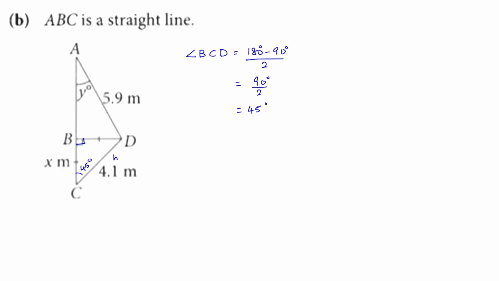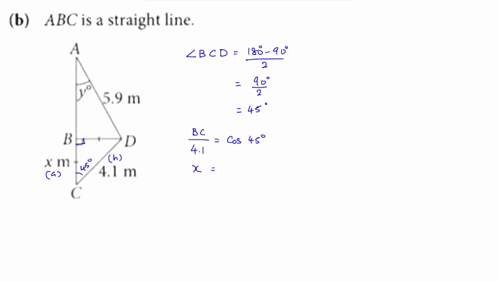This is the hypotenuse, and my x is adjacent. So using cosine again, BC over 4.1 equals cosine 45 degrees. Then BC equals, oh wait, BC is x, I can replace it with x.